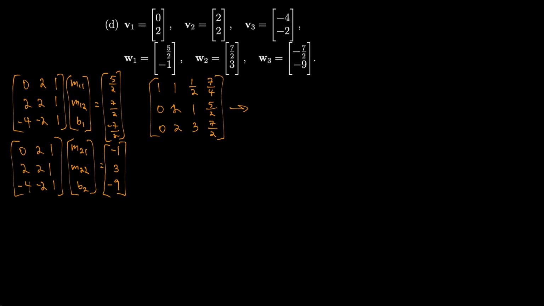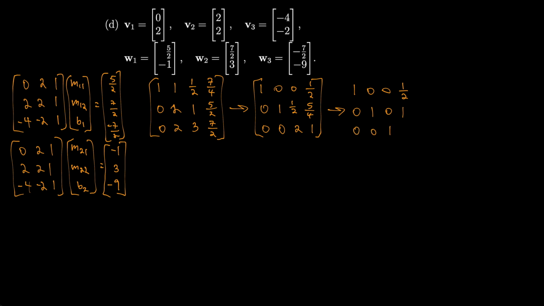We keep going, get a leading 1 in the second row, 1, 0, 0, half, 0, 1, half, 5 fourths, 0, 0, 2, 1, which becomes 1, 0, 0, half, 0, 1, 0, 1, 0, 0, 1, half, giving us M11 equal to half, M12 equal to 1, and B1 equal to a half.